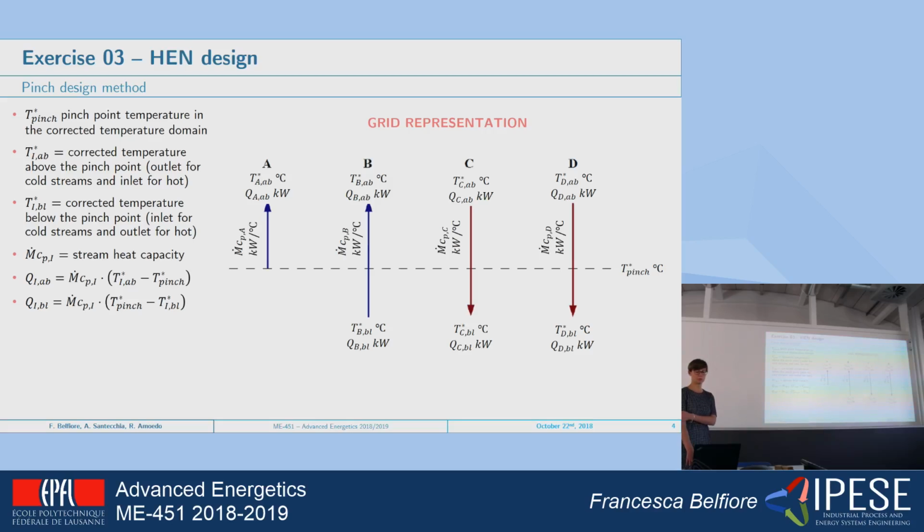For the cold stream A, the stream starts at the pinch point and the outlet temperature is 50. You can compute the heat load above the pinch as the heat capacity of the stream times the temperature difference between the outlet temperature of the stream and the pinch point. And you can do it for all the streams, looking above and below the pinch point.